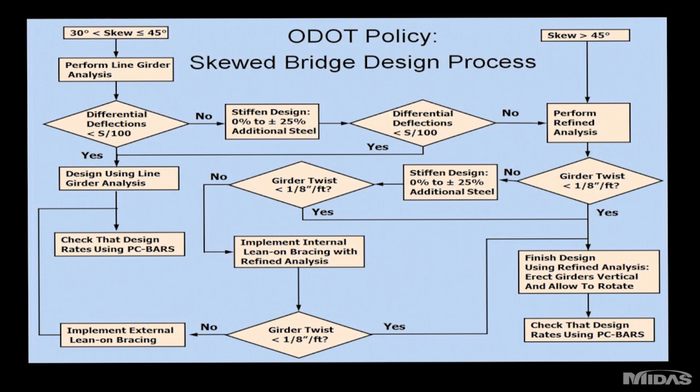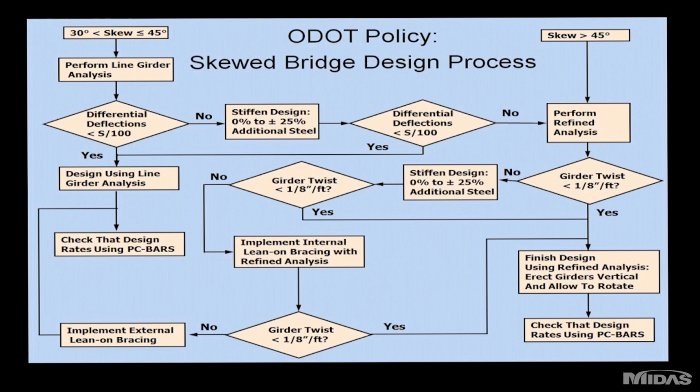So their general preference is stick to line girder analysis wherever possible, keep it simple, and try to solve the problems by stiffening the girders first. And that creates, in their opinion, a more durable structure over the long term. So in general, they prefer to spend their money on more steel rather than more analysis. And as people who analyze bridges for a living, we may not necessarily agree with that decision, but it does have merits in their opinion.